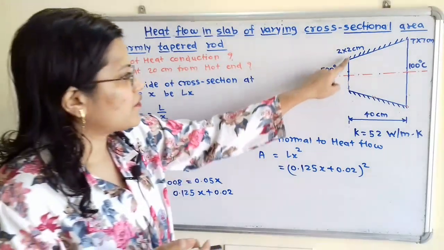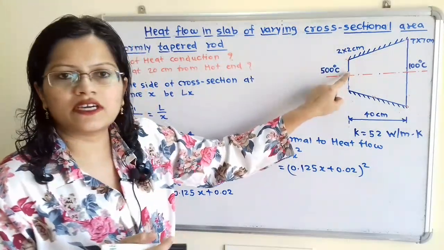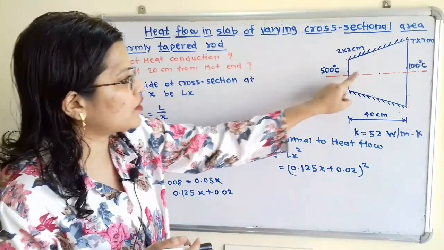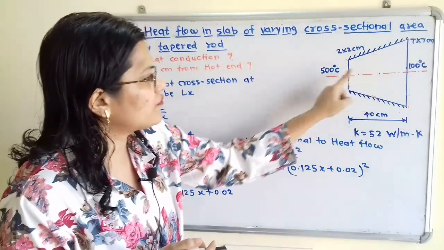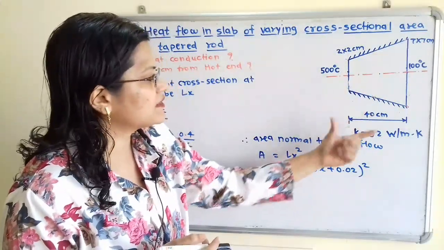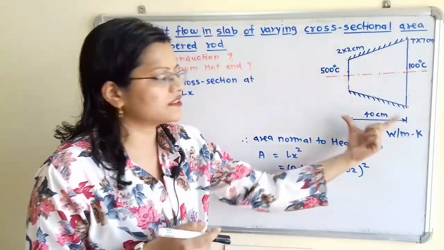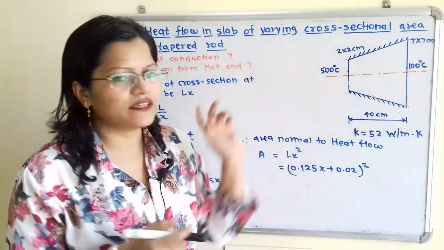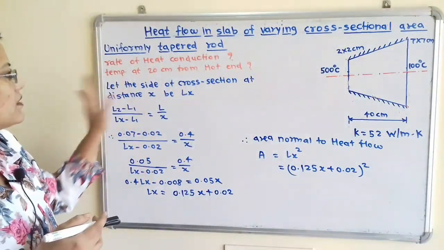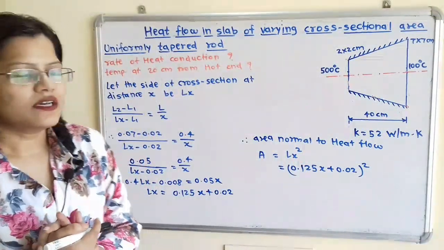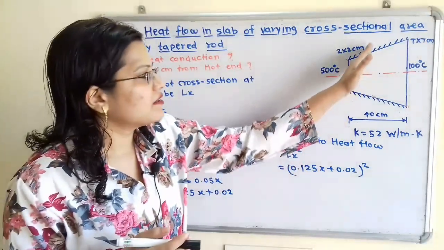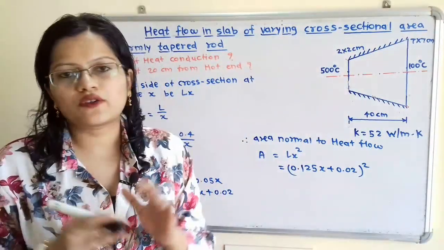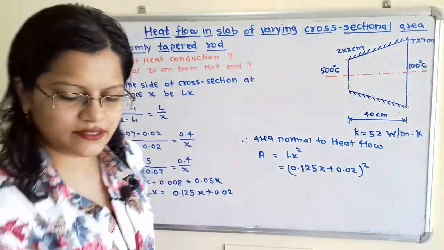Here is the 500 degrees Celsius, so here is the hot end, and from this hot end, a distance of 20 cm. If we observe, the total distance is 40 cm, so a distance of 20 cm means at the center we have to find the temperature. Now we will construct one cross-section at a distance x.